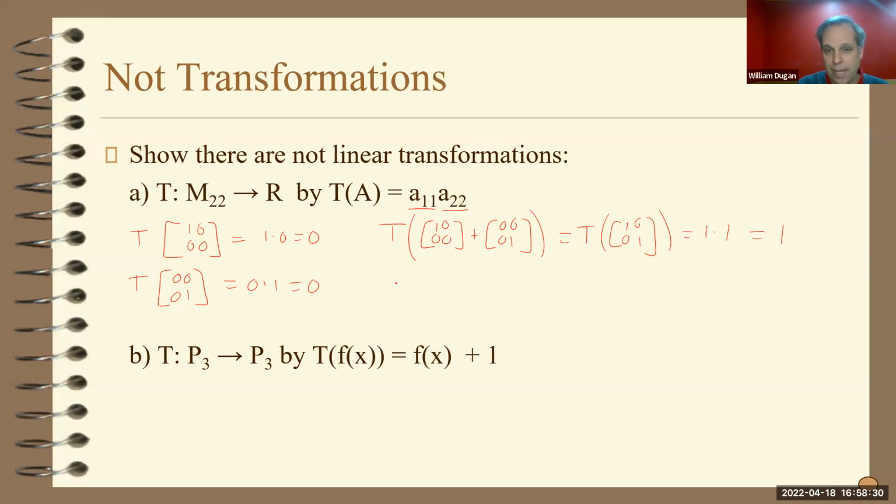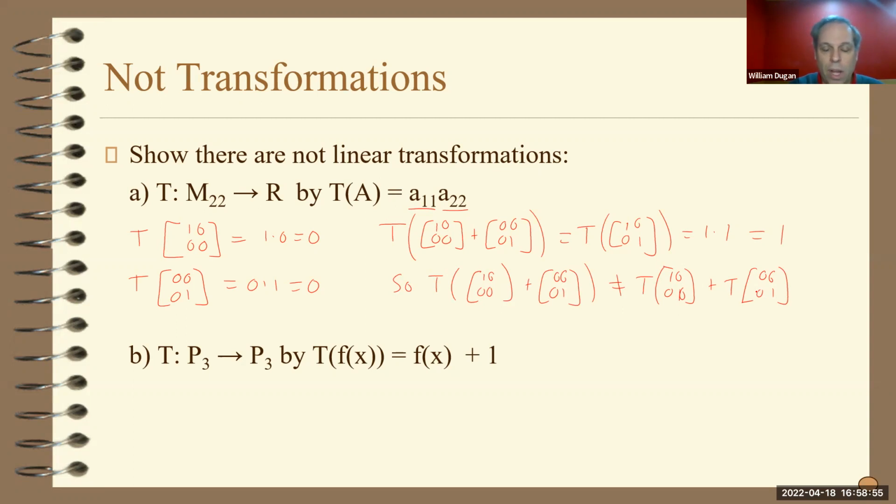So this is my counterexample. So T of 1, 0, 0, 0 plus 0, 0, 0, 1 is not equal to T applied to 1, 0, 0, 0 plus T of 0, 0, 0, 1. That's all I have to do. That violates the first property.